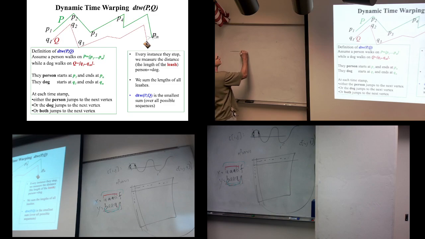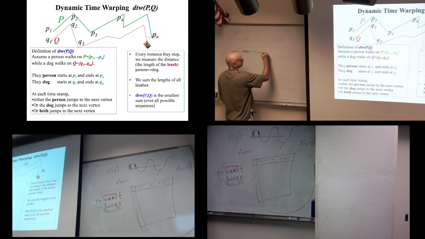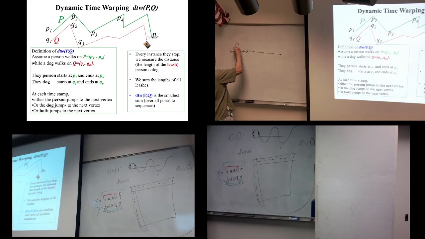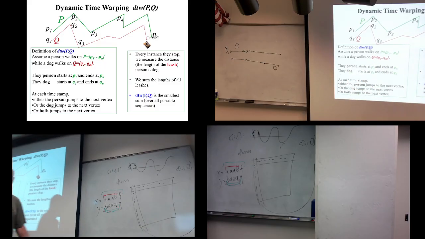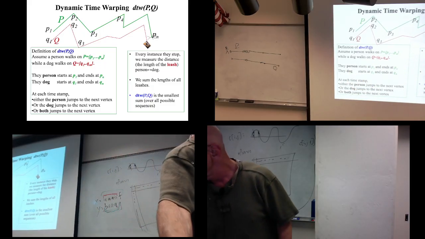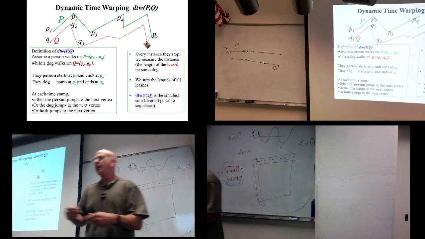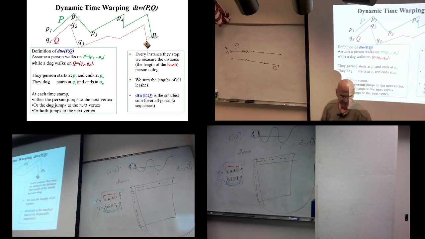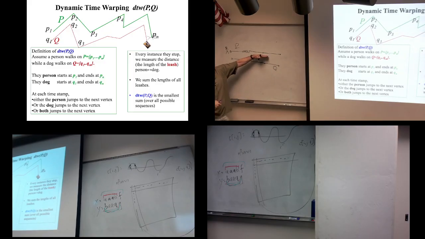It becomes way too abstract. Here is P. Person is on P. And here is Q. Notice that by doing it, I'm also telling you what the alignment is, what a matching of vertices of P to vertices of Q is.